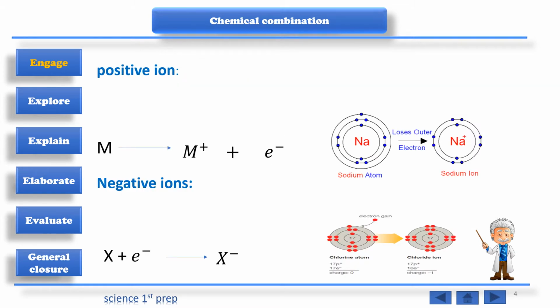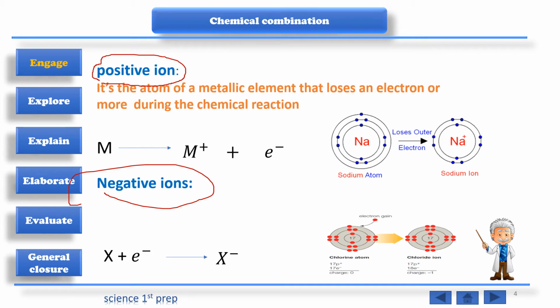In the previous session, we studied the ions, and we said that the element that loses or gains an electron or more than one electron during the chemical reaction. And we said we have two types, positive and negative ions. Positive ion is the atom of a metallic element that loses an electron during the chemical reaction, like sodium 11, 2 8 1. It loses the electron of the outermost energy level to complete the outermost energy level of electrons and become a positive ion.